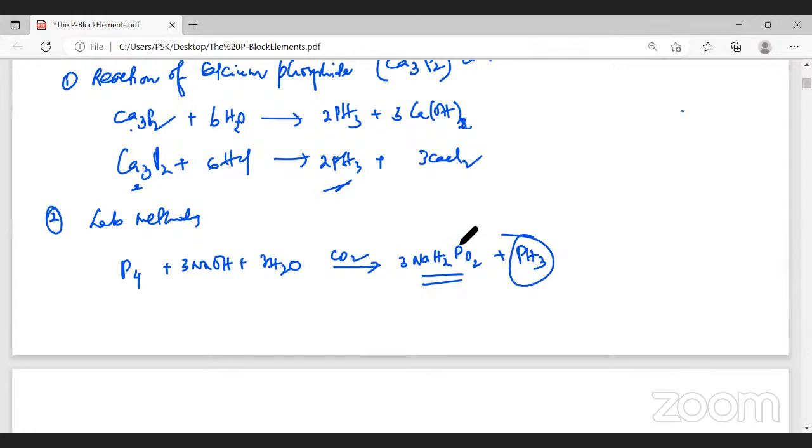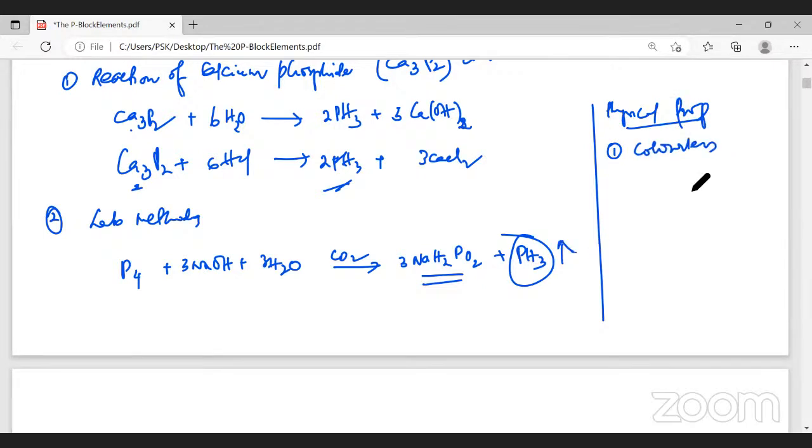Now, what are the properties of phosphine? The physical properties we will learn now, and chemical properties a little later. The first physical property of phosphine is that it is a colorless gas.